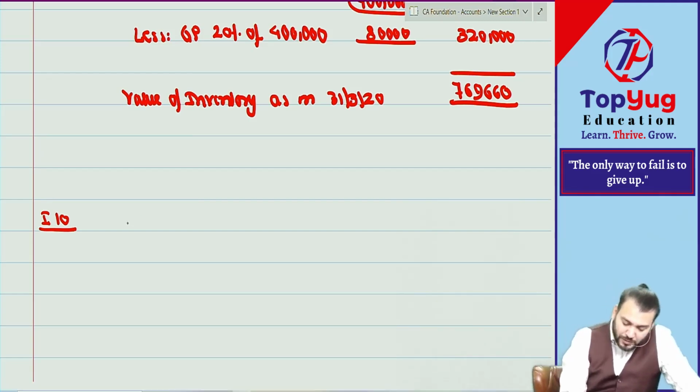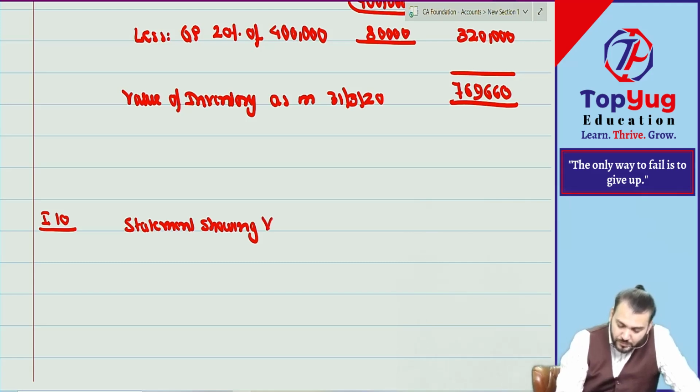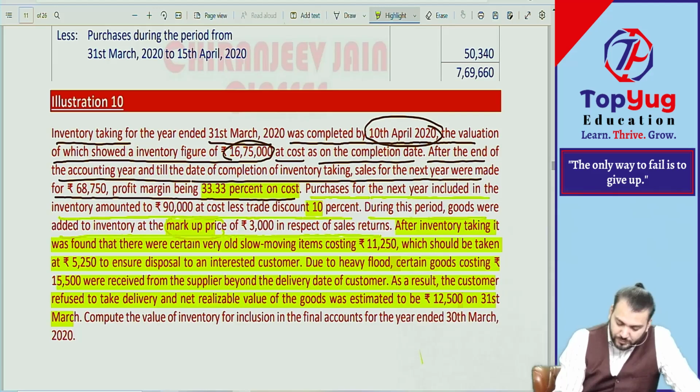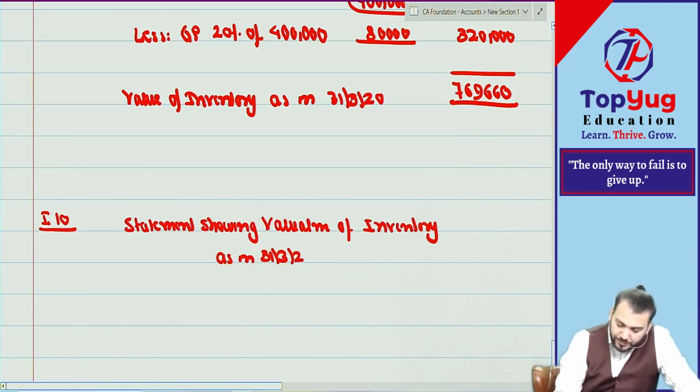Let us write down: statement showing valuation of inventory as on 31st March 2020.